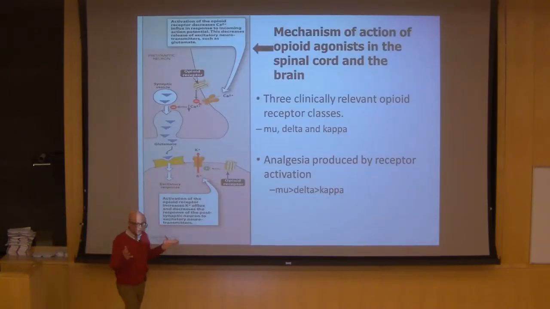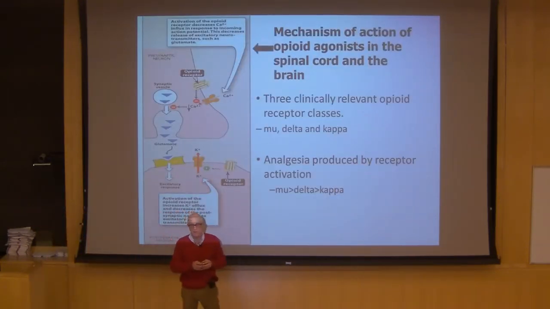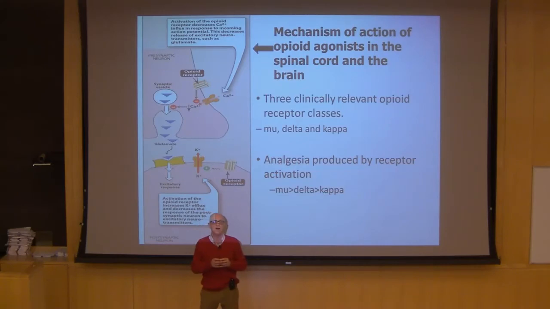Okay, and this is one of the nerves that's actually affected by the opiates, and the receptors of the opiates are basically presynaptic, and they modulate the effect of that presynaptic neuron and basically lower activity.